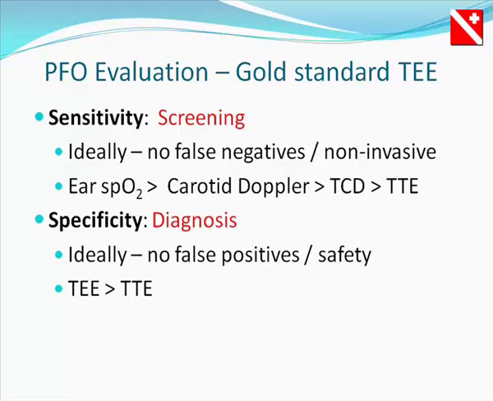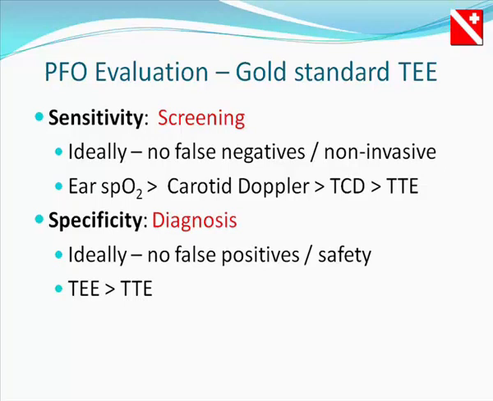After that, transcranial Doppler, although they won't be readily available, it's certainly relatively safe. And if you really move beyond that, from a sensitivity point of view, you could consider transthoracic, but as you'll see, it's not a great test. Once you've decided you need to know, well then you're really stuck with a transesophageal echo. In other words, when you move from screening to diagnosis, you really pretty much have to use a TEE.